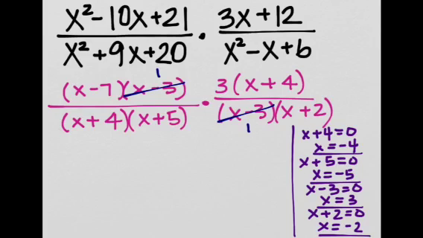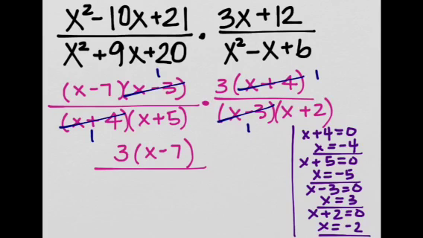And I'm going to do the same thing, the denominator from the first and the numerator from the second, and I can see that my x plus 4's cancel out, which leaves me with, across the top, my x minus 7 times 3, and then across the bottom, x plus 5 times x plus 2.